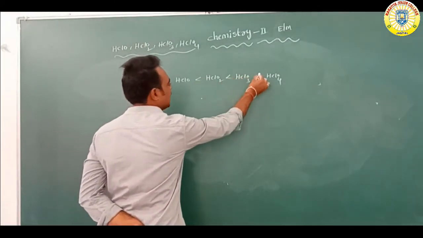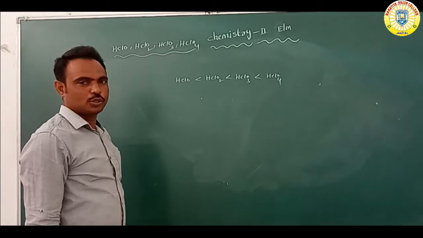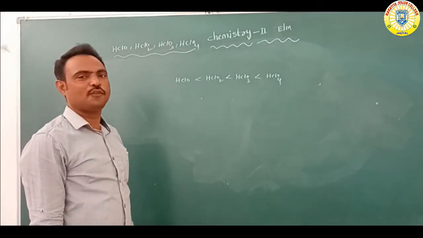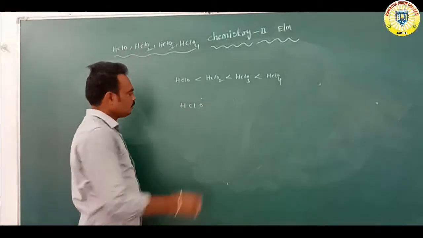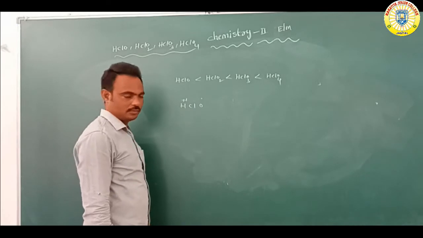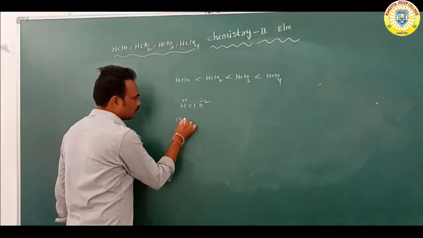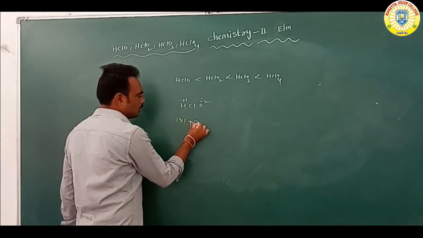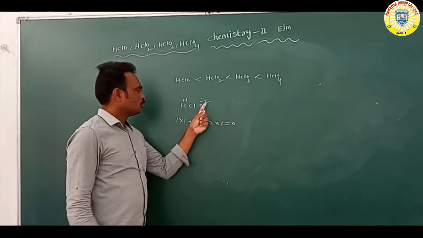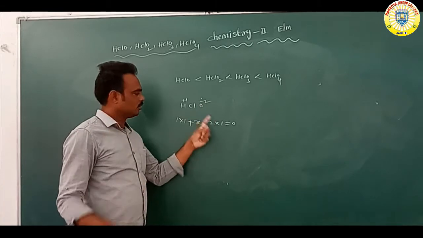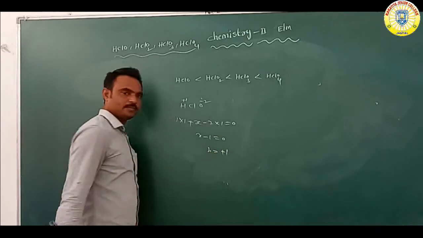Now in HClO, what is the oxidation number of chlorine? Hydrogen is plus 1, oxygen minus 2. So 1 into 1 plus chlorine X plus minus 2 into 1 for oxygen is equal to 0. So X minus 1 is equal to 0, X is equal to plus 1.